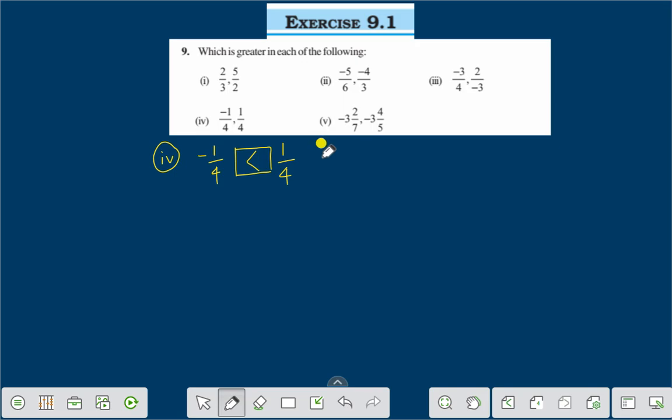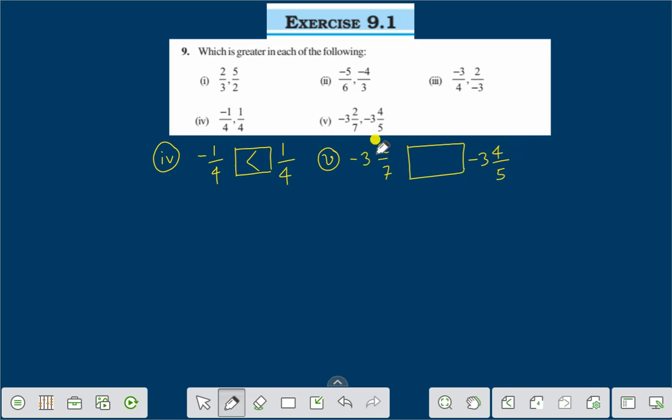Now question number 5. Question number 5 is minus 3 whole 2 by 7 and another number, minus 3 whole 4 by 5.